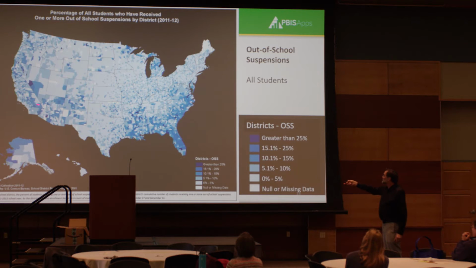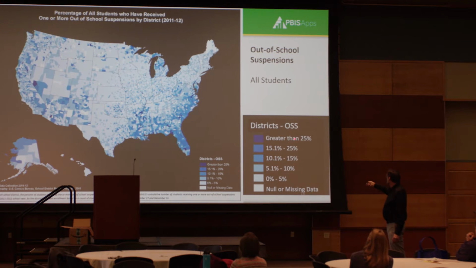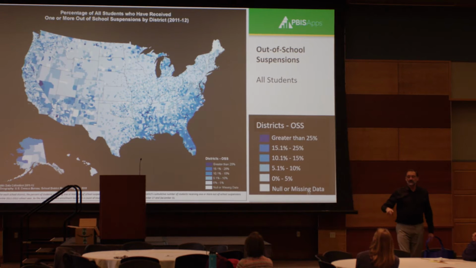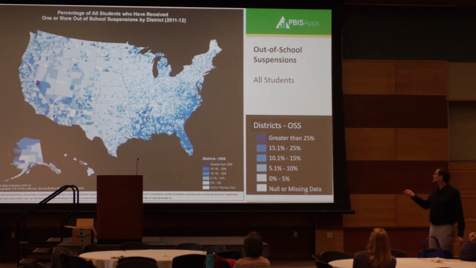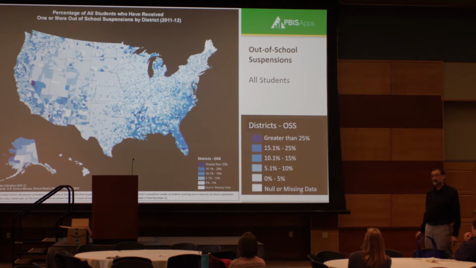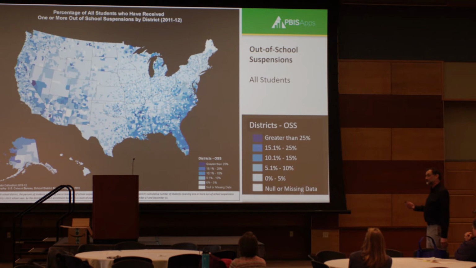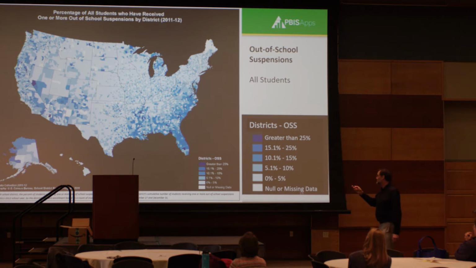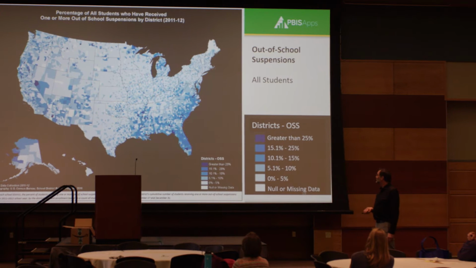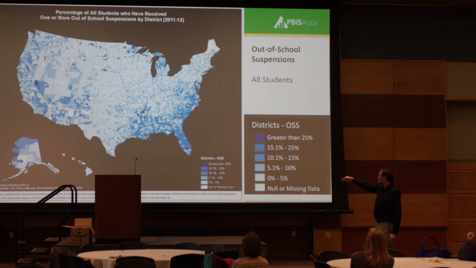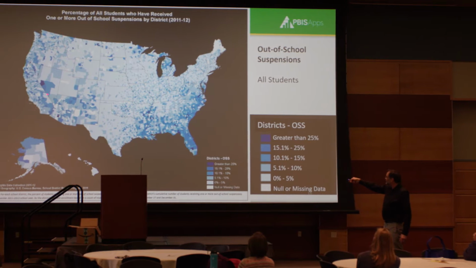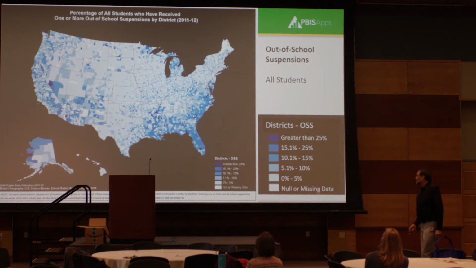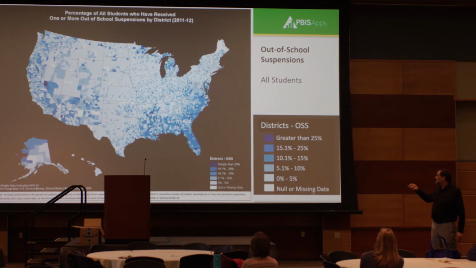But this dark color right here, 25% or greater of the students in that district were suspended out of school during 2011. 25%, 1 in 4 students in your classroom got a suspension sometime during that school year. And right next to that, we have 10 to 15%. And then that one's 5 to 10%. 15 to 25%, 10 to 15%, 5 to 10%. Almost 5% up in the large area there.